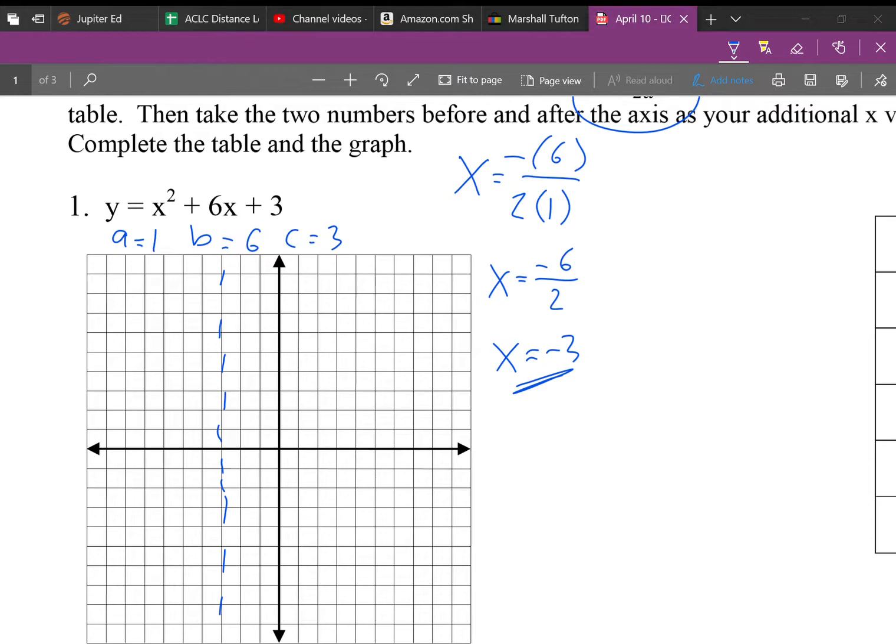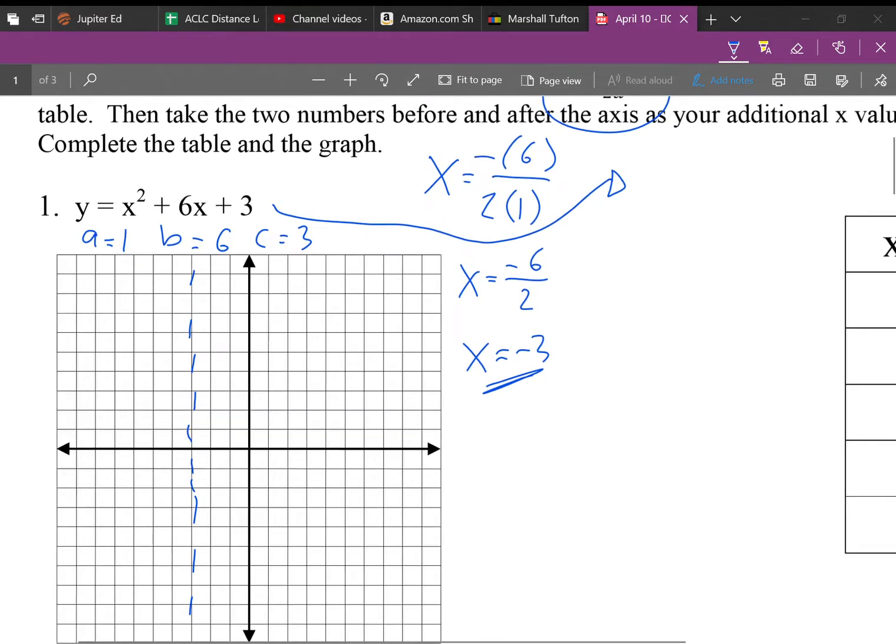Now I'm going to want to find the y value for the vertex, and the way I do that is I'm going to take the original equation, y equals x squared plus 6x plus 3, and I'm going to plug in the x value I just found. So x squared becomes what?